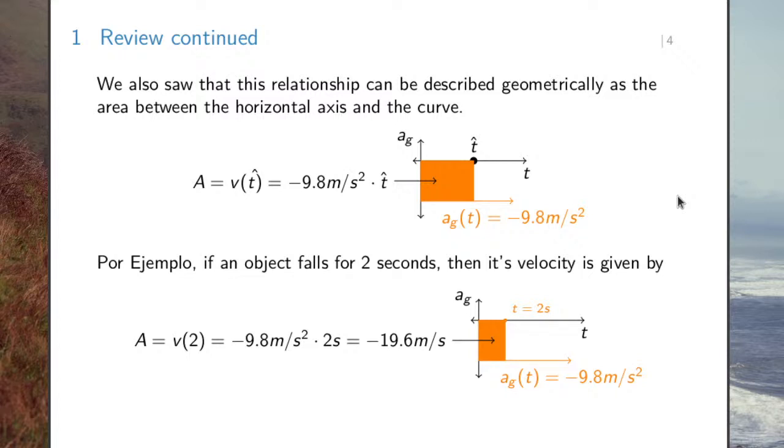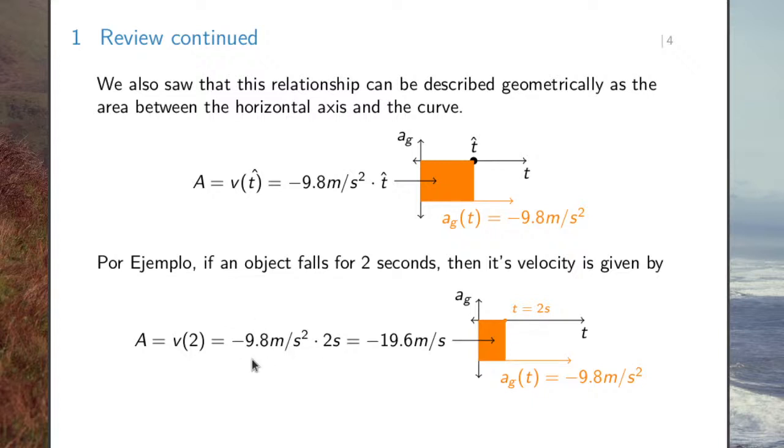And then, for example, if you drop an object within a couple miles of the surface of the Earth, 2 seconds later, its velocity will be just the acceleration, a sub g, times the time it's traveling at that acceleration.